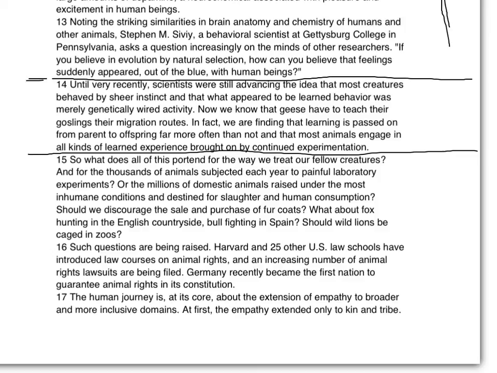Such questions are being raised. Harvard and 25 other U.S. law schools have introduced law courses on animal rights. And an increasing number of animal rights lawsuits are being filed. Germany recently became the first nation to guarantee human rights in its constitution.